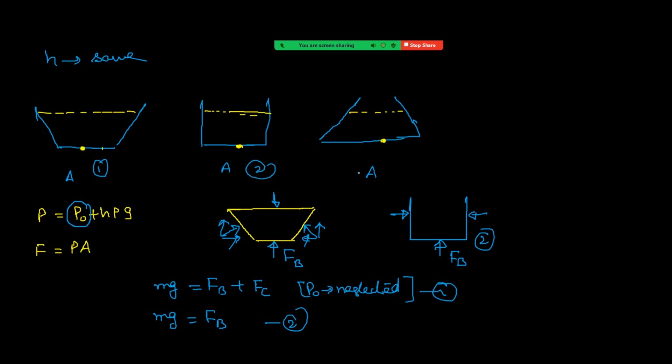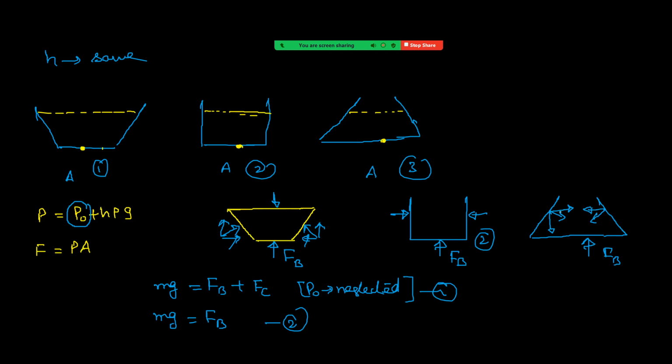And if you see the third case, see what happens there. The shape is now like this. That means the force by the vessel will be vertically up from the bottom, but from the sides it will be like this. Then we take components vertically down and horizontal.